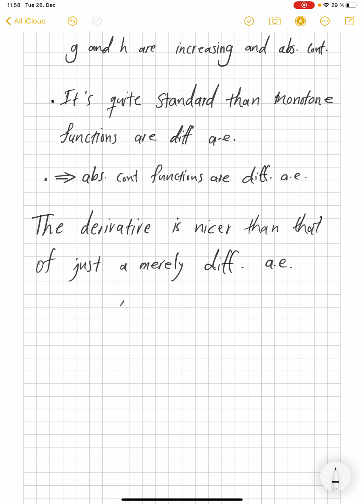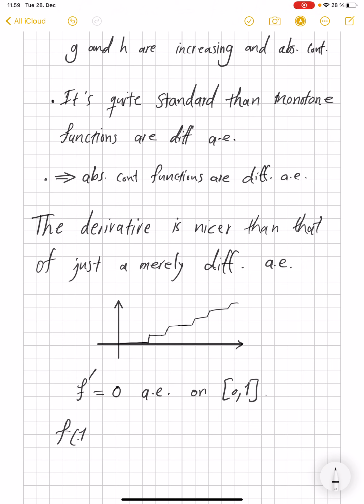The Cantor function is an example of a continuous function that monotonically increases, and the derivative exists and is equal to 0 almost everywhere on the interval [0, 1]. f(1) equals 1, f(0) equals 0.